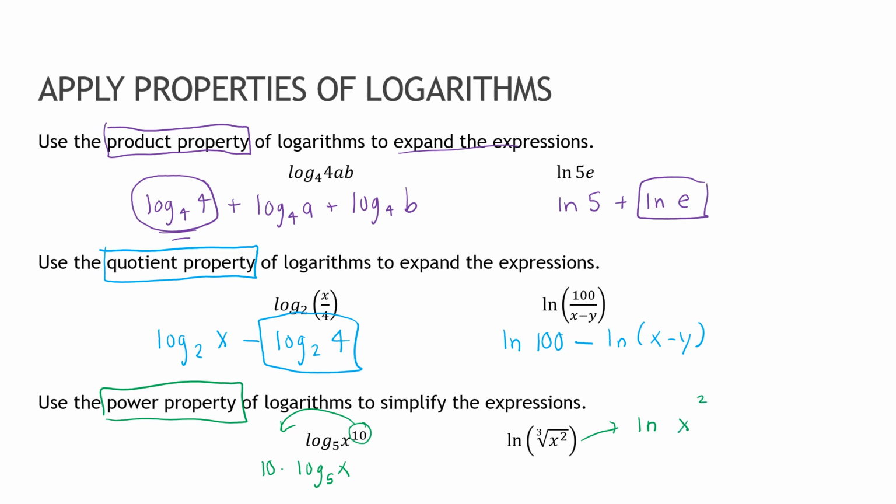So I'm going to rewrite that as x to the 2/3 because remember, in case we haven't done that in a while, the top number is the exponent and the bottom number is the index. We probably reviewed that fairly recently, but just in case you've forgotten, I would write that as the natural log of x to the 2/3, which means that I could rewrite this as 2/3 times the natural log of x, because I would take the exponent and pop it out front.